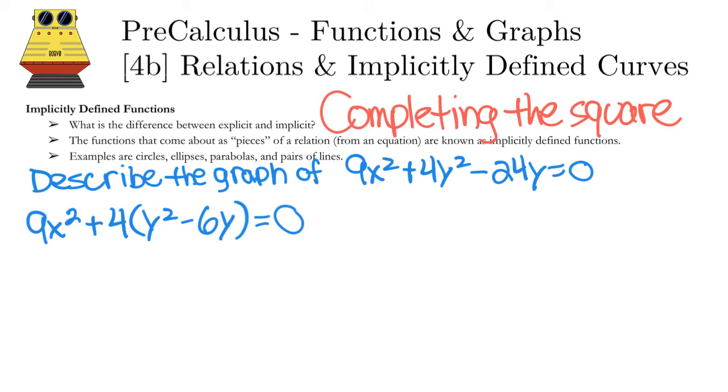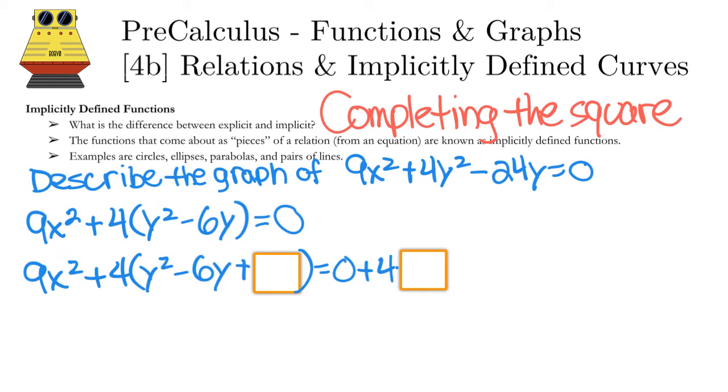What I see now is a potential to use completing the square with y squared minus 6y. So I rewrite the equation to include a box where we would enter a number that would complete this perfect square. And if I add a number to the left side of the equation, I have to balance that equation on the right as well. Here's the shortcut.